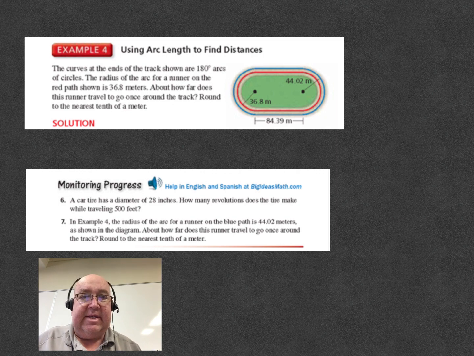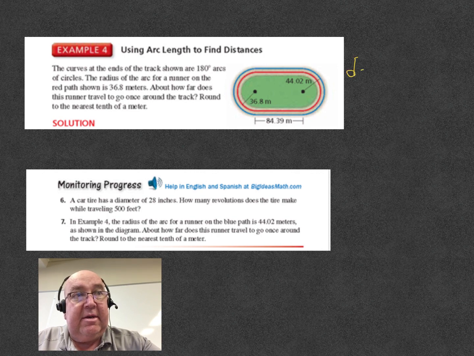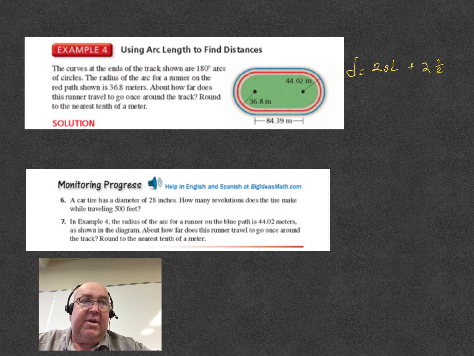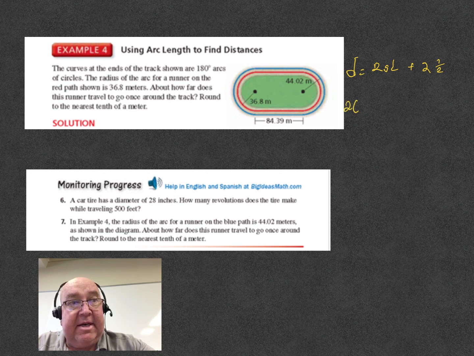Alright, this is a little bit of a long one, so I'm just going to really quickly do it. Our distance is going to be 2 times the side length plus 2 times half of the circle arcs. So setting that up, we're going to have 2 times 84.39 plus 2.